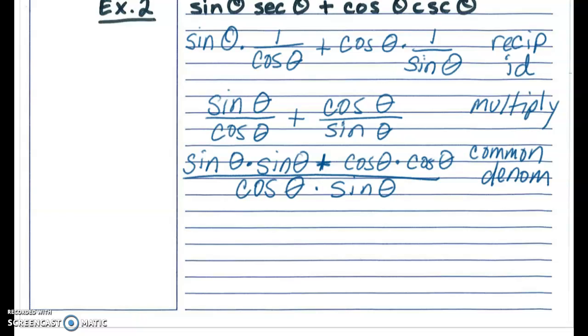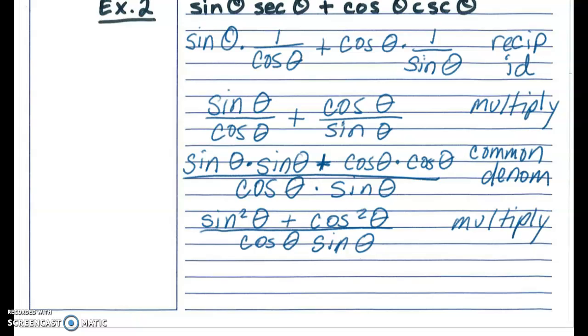Okay, all right, clean it up a little bit. Sine times sine, sine squared theta, plus cosine times cosine, cosine squared theta. I didn't do anything with the denominator, so it stays the same. So all I did in this one was multiply again. Look at that numerator: sine squared plus cosine squared.